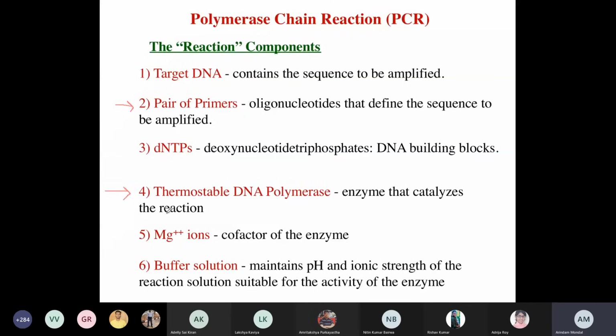It's not that you are separating it in a directional fashion. You are applying heat and randomly rupturing the base pairs all across the DNA strands, and as a result of that, they will get separated. So that's why you don't need helicase, you don't need topoisomerase, right?